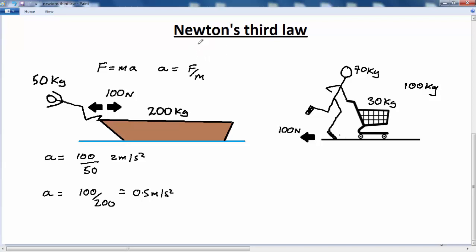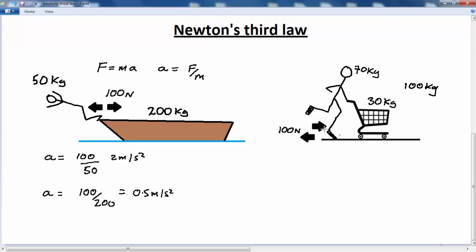Now, as Newton's third law states, for every action there's an equal and opposite reaction. So as he pushes this way with a force of 100 newtons, the earth pushes back on him with an equal but opposite force of 100 newtons.